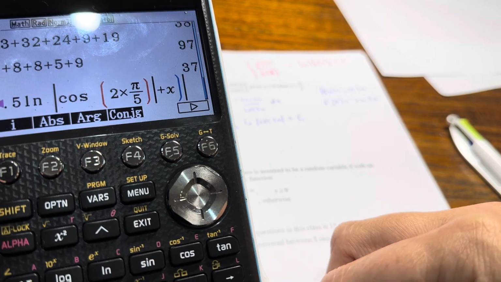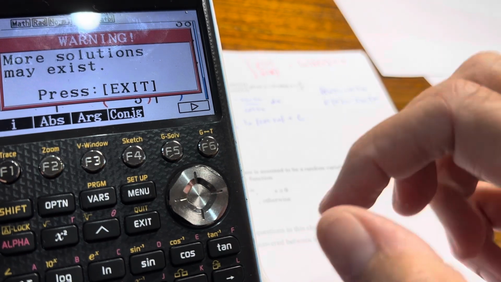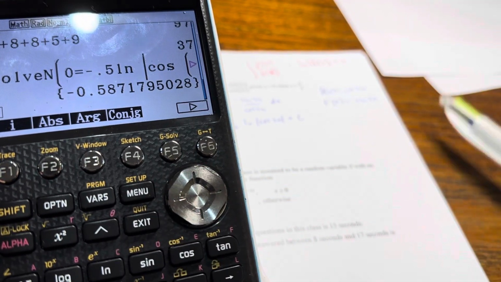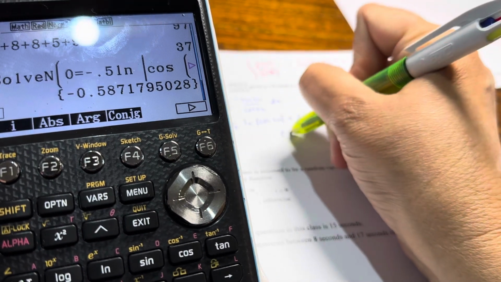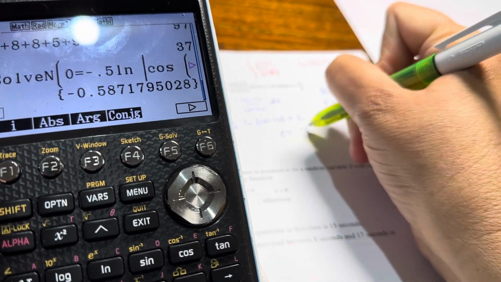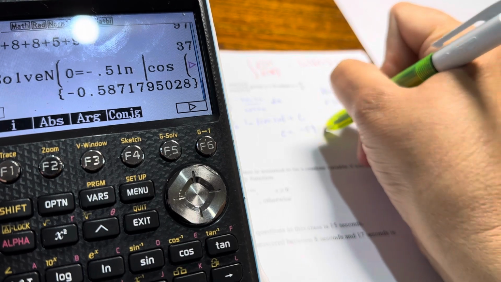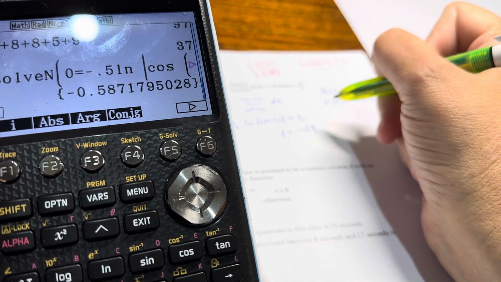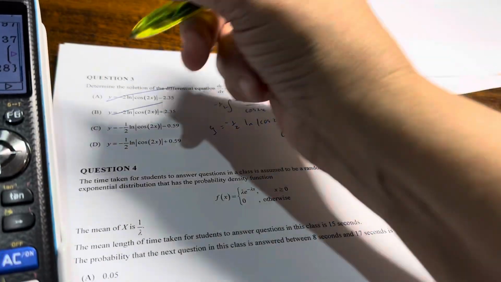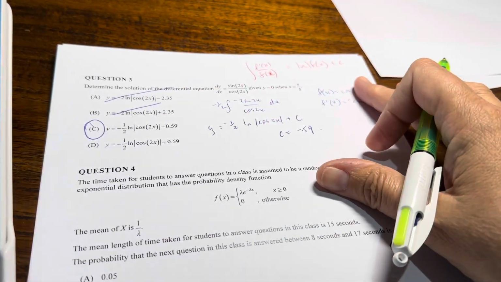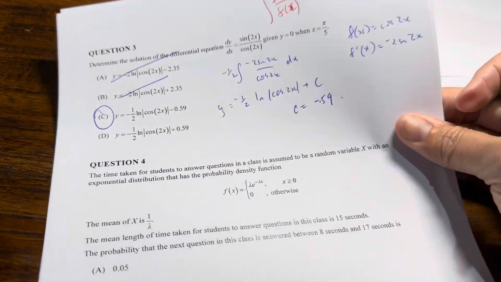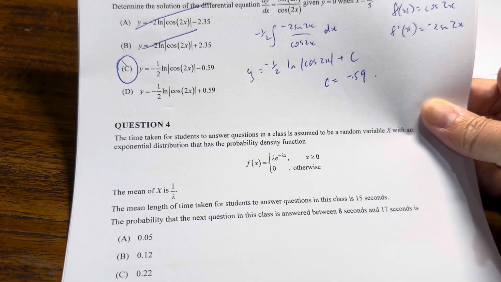Close my brackets, execute, and it gives me c equals -0.59. So looking at that, C is going to be my answer.